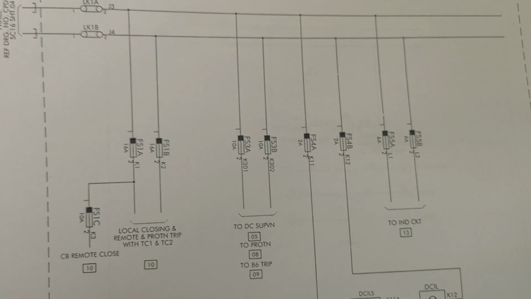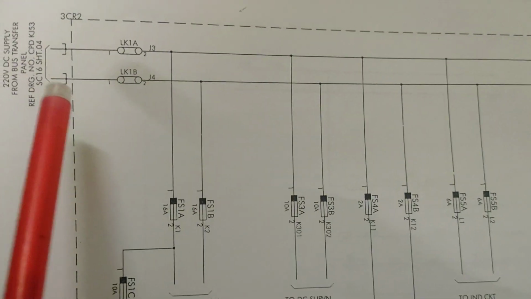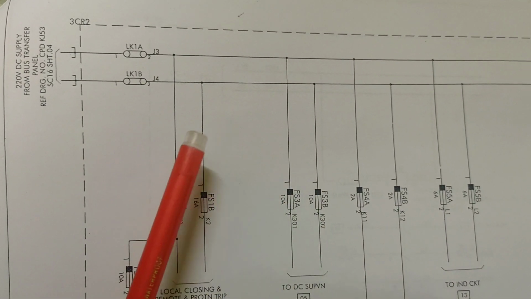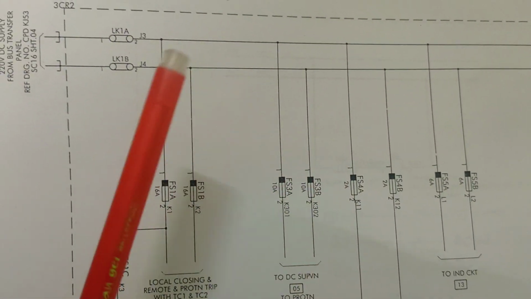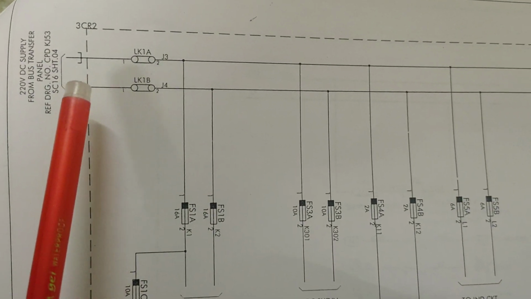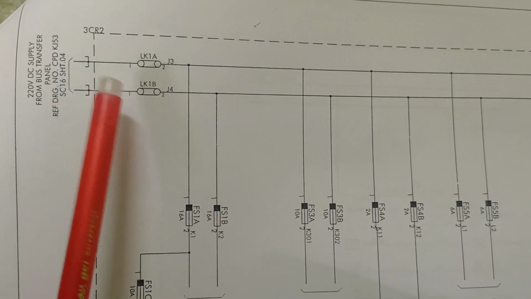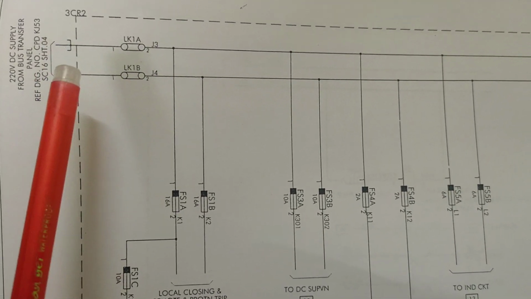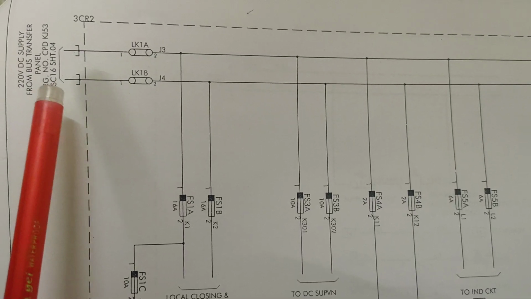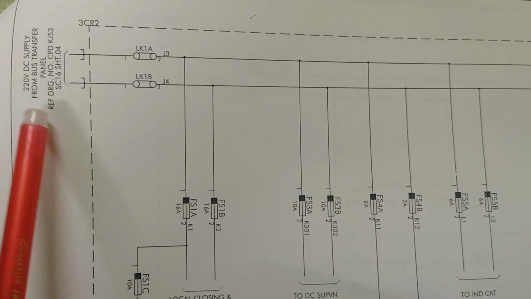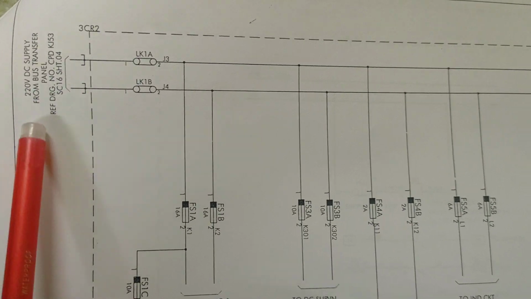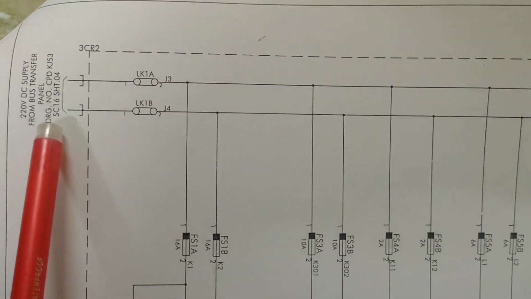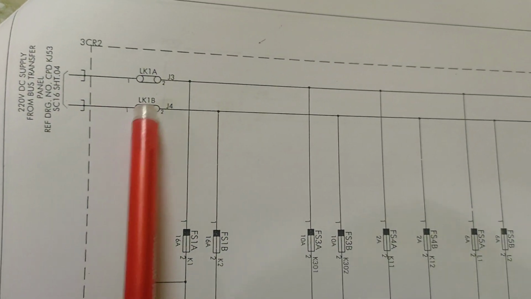The DC comes from the battery to the battery charger to the DCDB, and from the DCDB the DC comes with the help of a 2-core or 4-core cable to the required place, and the provided place of DC is the transfer bus panel. It is a 220 volt DC supply from the bus transfer panel.